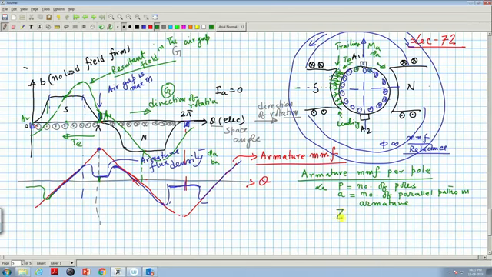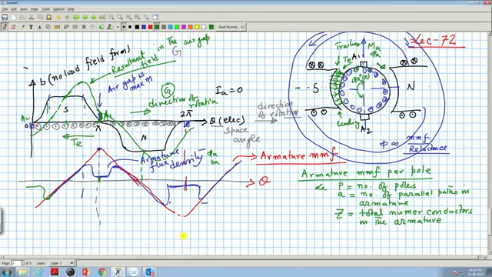And let Z is equal to the total number of conductors in the armature. What is this angle? This angle is 180 degree electrical. It is a multipolar machine, but I have represented it as a two pole machine.